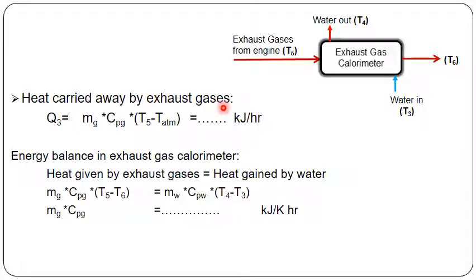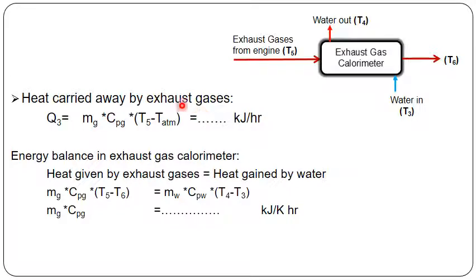Once these are calculated, in the heat balance sheet you have the heat utilized, the heat carried away by the coolant, and the heat carried away by the exhaust gases. These three things are calculated. Whatever remains is the total heat input after burning the fuel in the cylinder minus the heat utilized and heat losses.